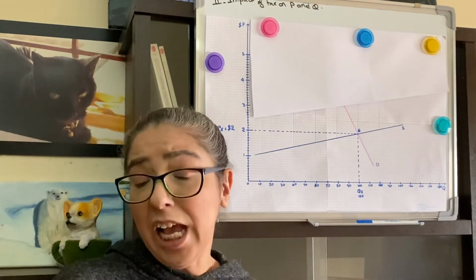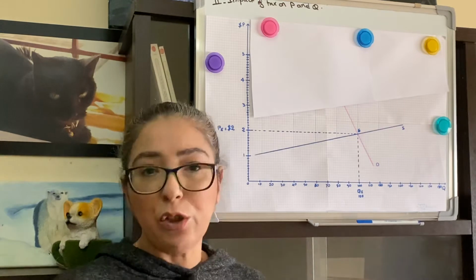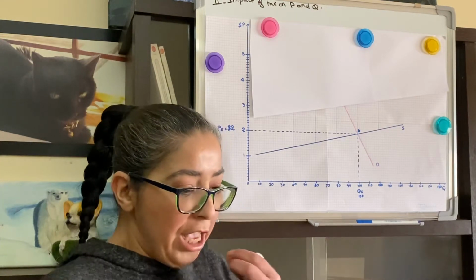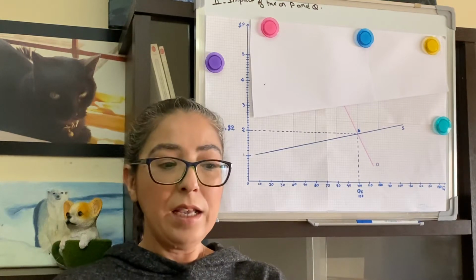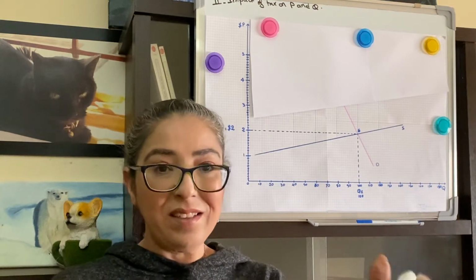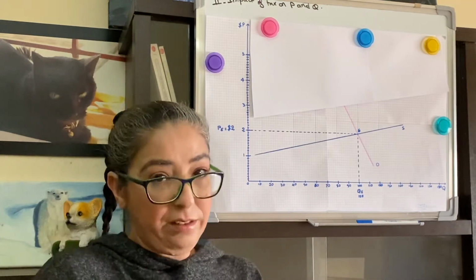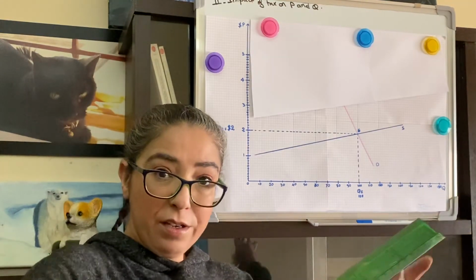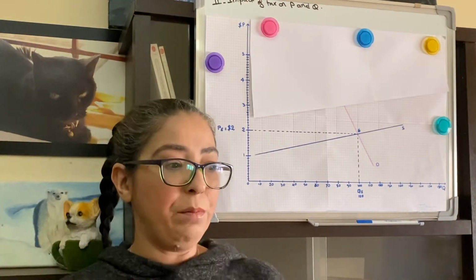That's exactly what the supplier is going to do. If you want to know how it works, the demander comes and pays the market price. The one who literally pays the tax and gives it to the government is the supplier. The supplier gathers it from wherever it is and gives it to the government.